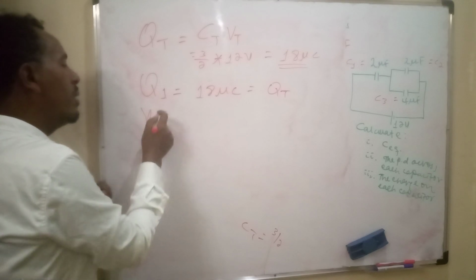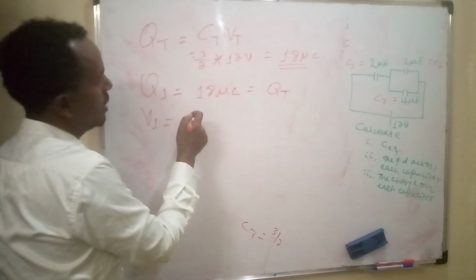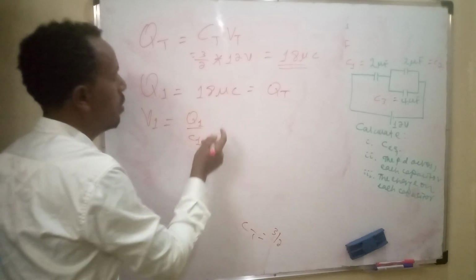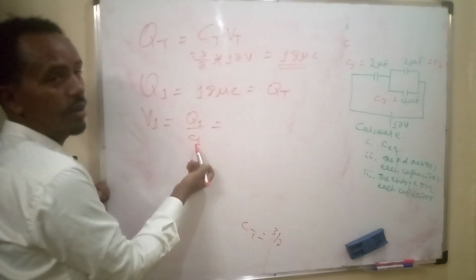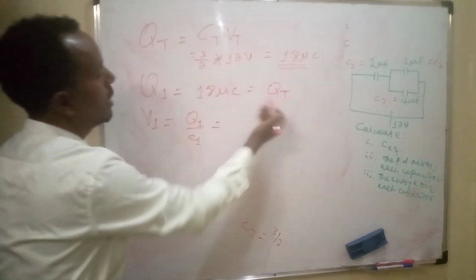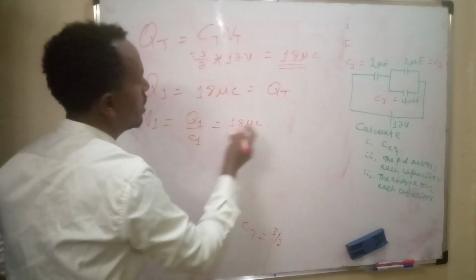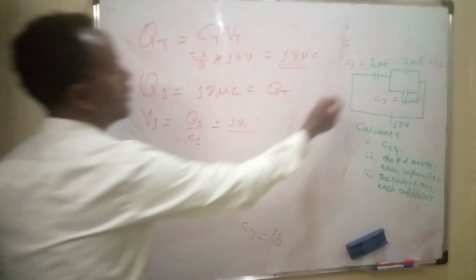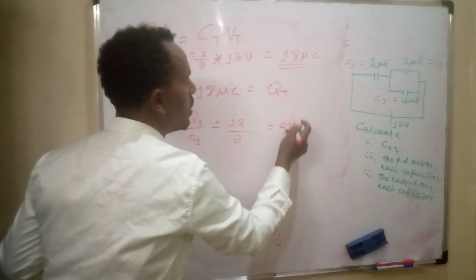And V1, the voltage on capacitor 1, is Q1 over C1. We have Q1 as 18 microcoulomb, so 18 over C1, which is 2, is equal to 9 volt.